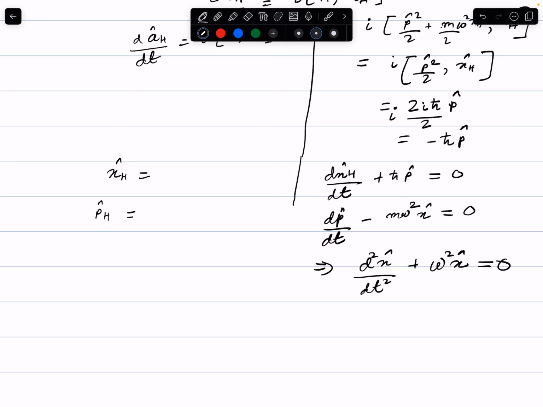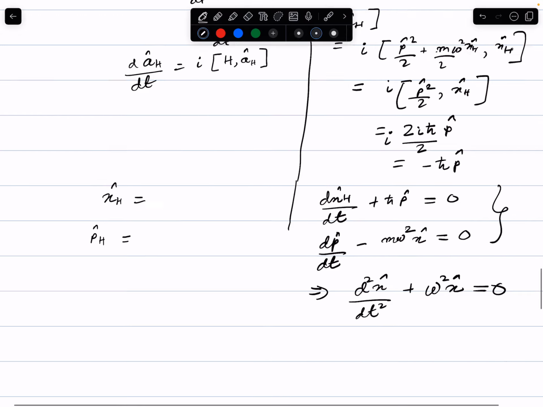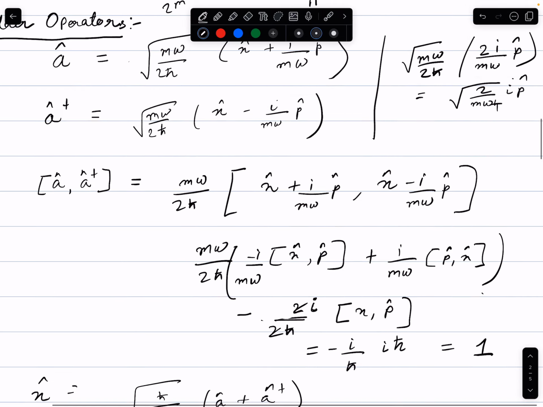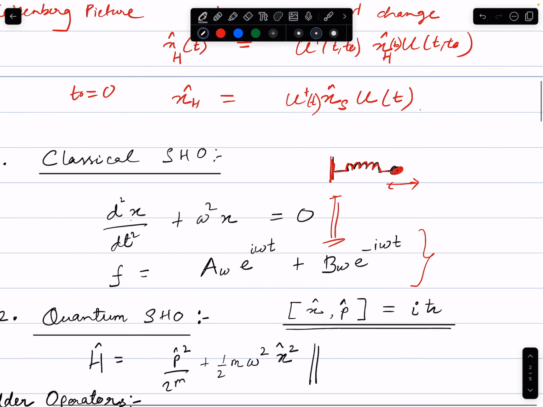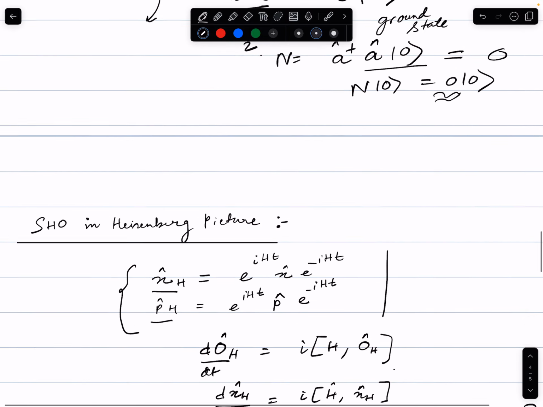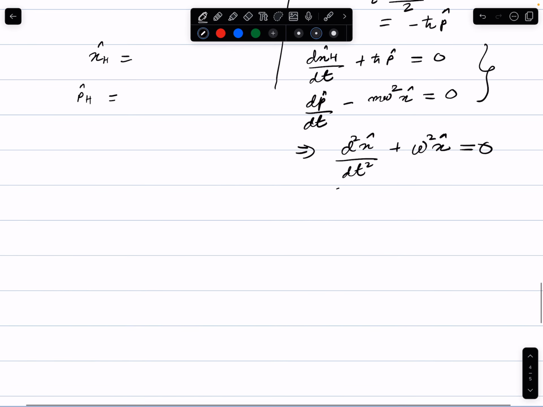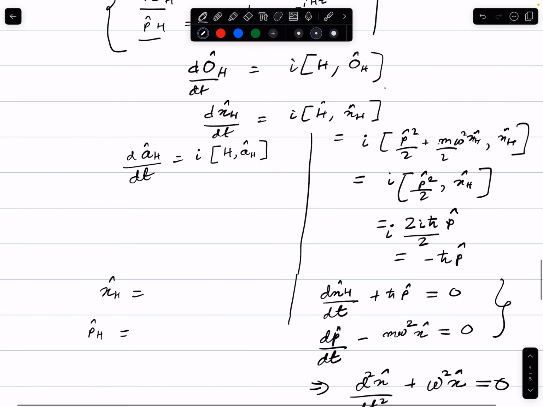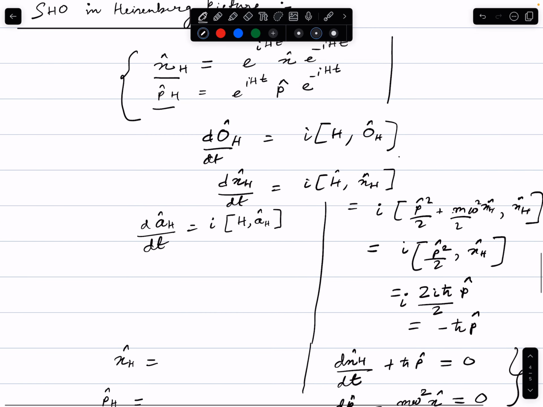This is the Heisenberg equation of motion you will get from these two equations, which I write because it's the same as the classical equation of motion that we had written down over here, except that these x's are going to be replaced by the hats, the operators. So this operator satisfies the same classical equation of motion, in this case at least, in this simple case. Okay, but we are concerned with these creation and annihilation, the ladder operators, and so the ladder operators similarly satisfy this equation.